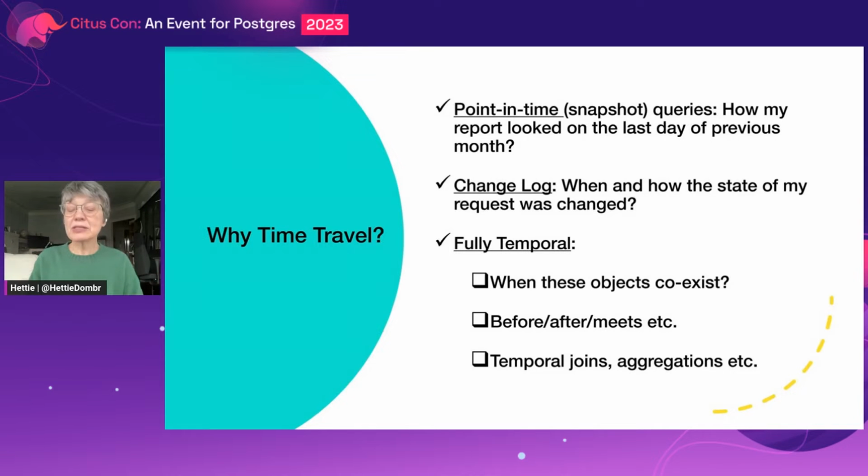And the third type, which is the most difficult and most underdeveloped, is fully temporal queries, fully temporal joins. So, when did these two objects coexist, or something like, who was the head of the QA department when Mike Smith started to work in the QA department, and all these other temporally correlated queries.